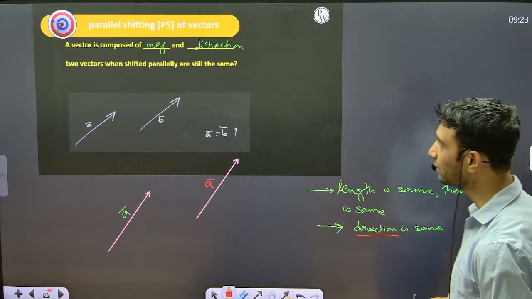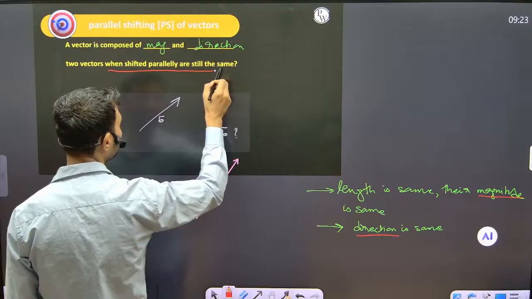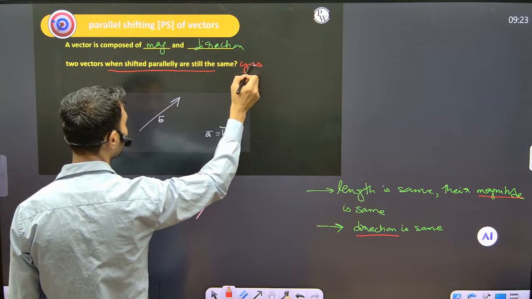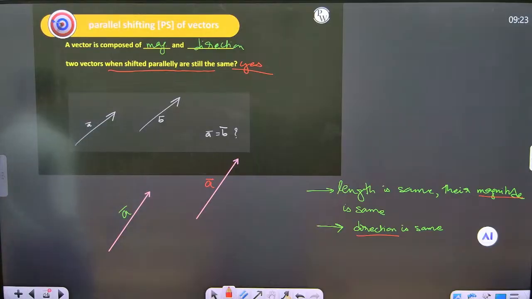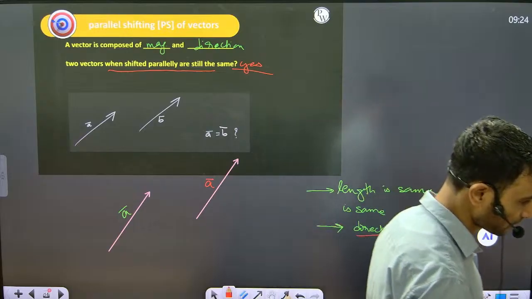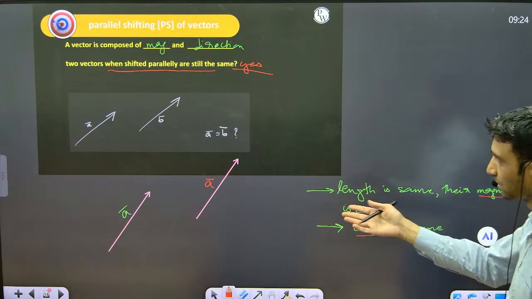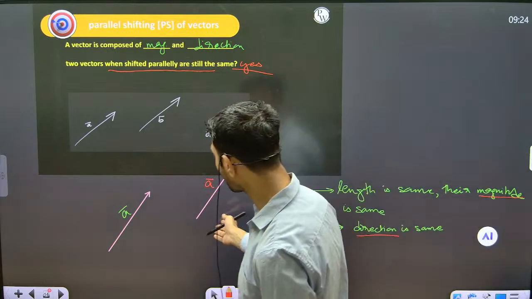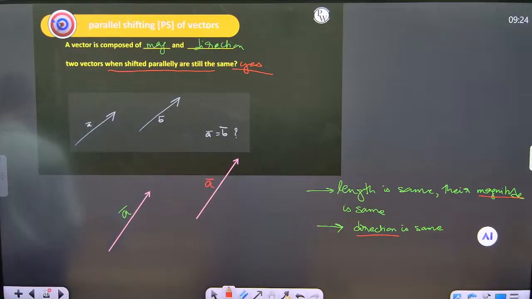So what did we learn? That two vectors when shifted parallelly are still the same. The answer is a resounding yes. They are the same vectors. Right? There is no difference between two vectors where one is nothing but the parallel shifting of the other vector. If that is the case, both the vectors are same.